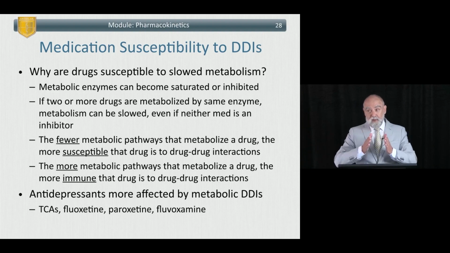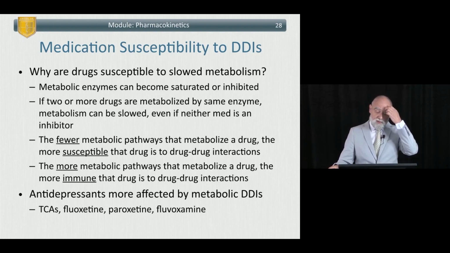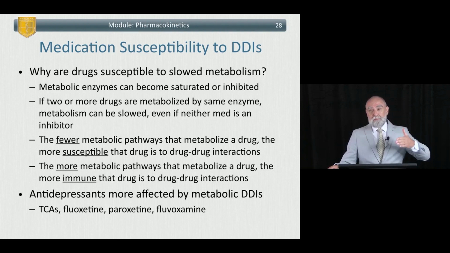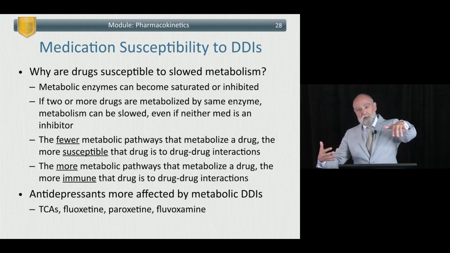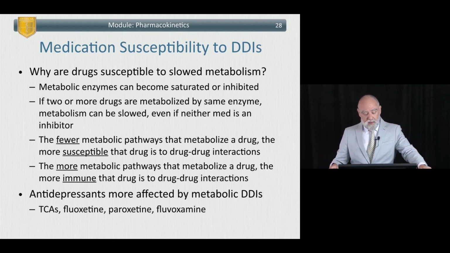It only has one or just very few paths to get metabolized. If they are inhibited or saturated, the blood levels of that drug can increase rather substantially. But if that drug can be metabolized by many different enzymes, then even if certain enzymes are inhibited or saturated, that drug can be metabolized through other ones.